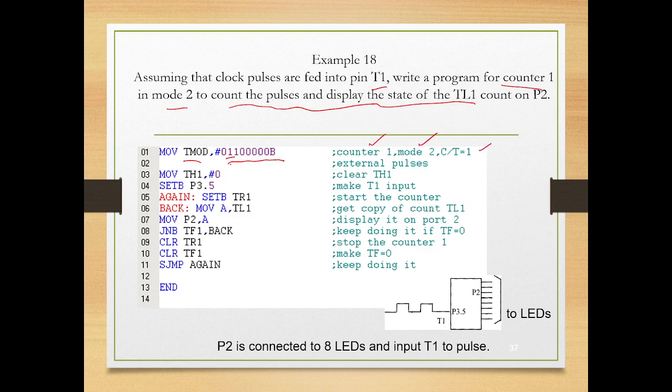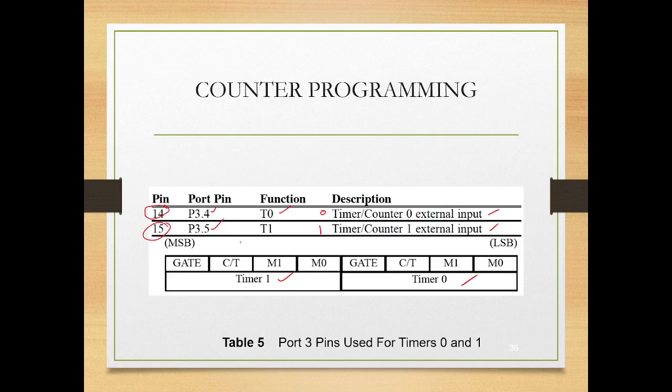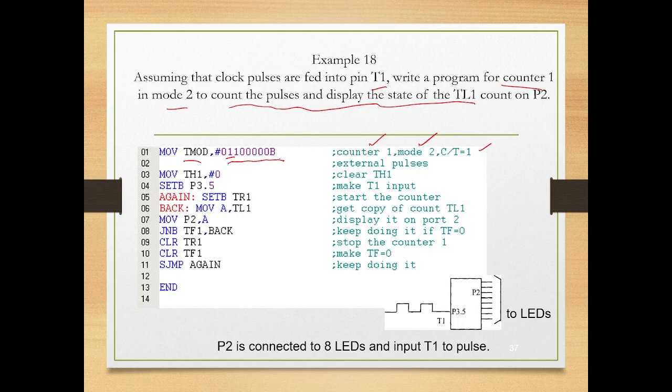These are the bit positions of this format, that is 1 1 0 0. If I fill all of this, I'll get the code, so 0 1 1 0 0 0 0, like this. That value is obtained here, so that it is entered into the TMOD register.